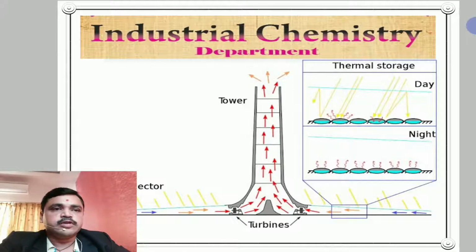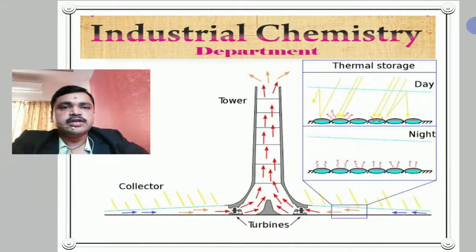This is also one of the diagrams for the solar chimney power plant. In this diagram, we show the thermal storage at day and night: how daytime solar radiation is stored and how it is used at night.